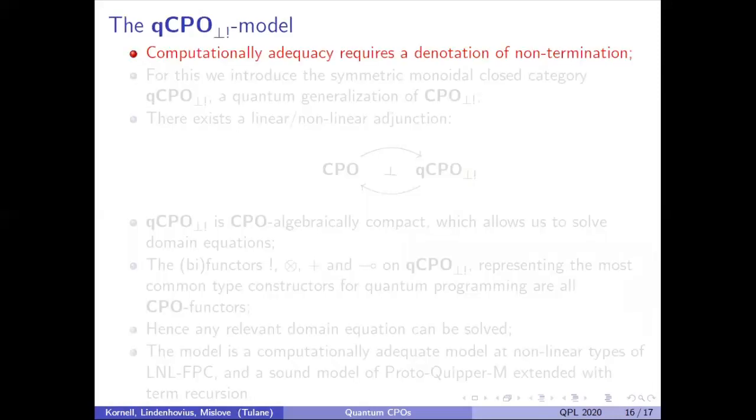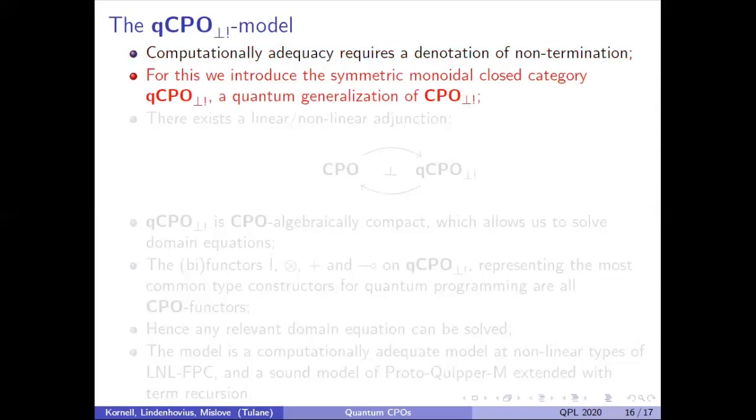But if we want computationally adequate models, then we require the denotation of non-termination. And classically, that's done by looking at the category CPO bottom strict of pointed CPOs and strictly Scott-continuous maps. And then the bottom of any object here is used to denote non-termination.